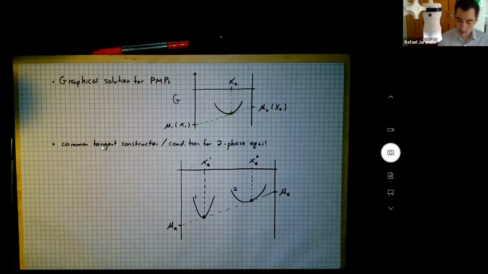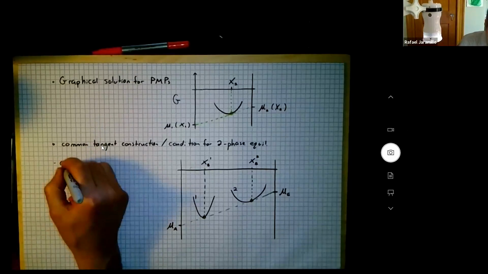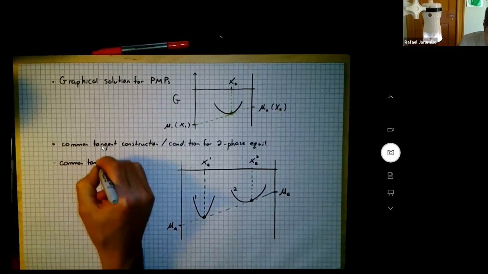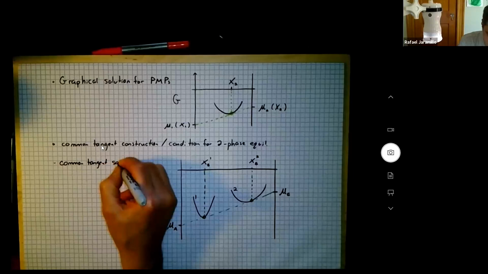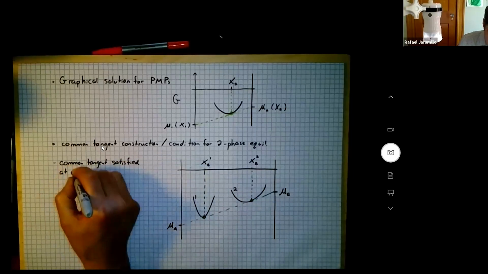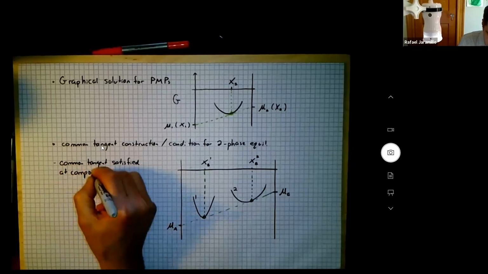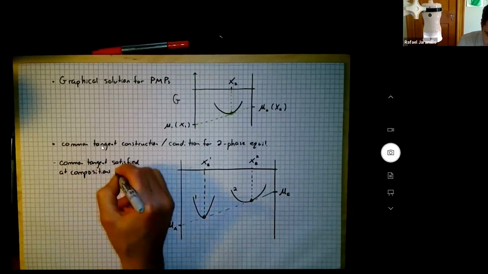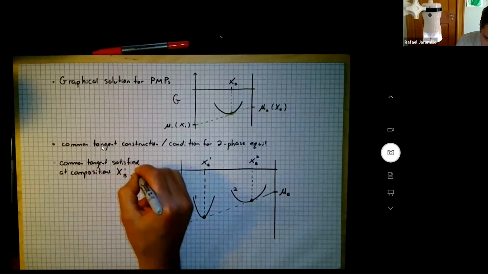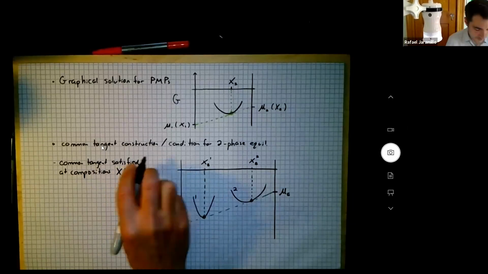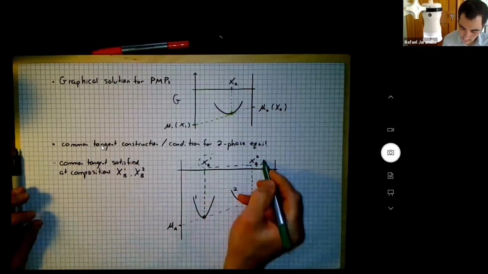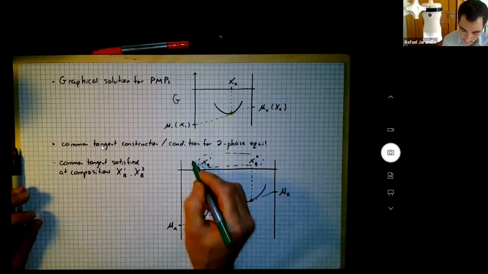So what we've shown is a common tangent which is satisfied at compositions XB1 and XB2. Right, it's only satisfied at these compositions. If you look at these curves, the way I've drawn them, there's no other common tangent.